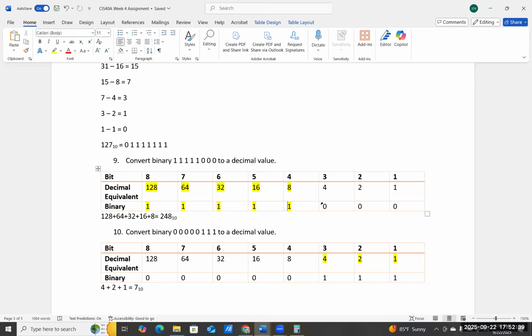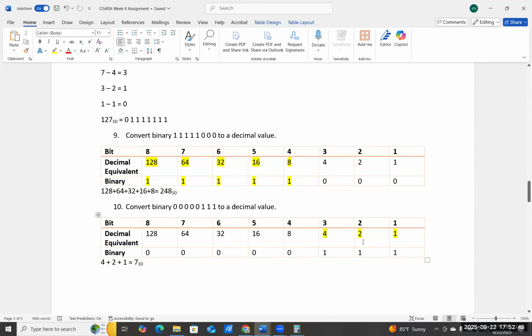And then for 10, same thing. You use the same scale. You place each binary value onto that scale, and you only add the decimal equivalent for the bits that have the ones. So that will be the 1, 2, and 3, the least significant bits from the right, up to the third bit; the rest is off. So 1, 2, 4 gives you a 7.